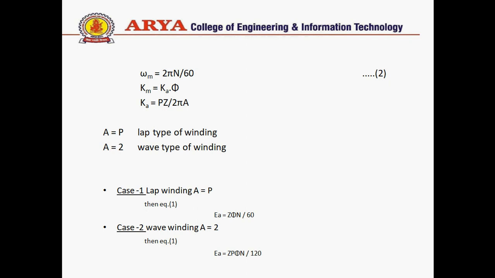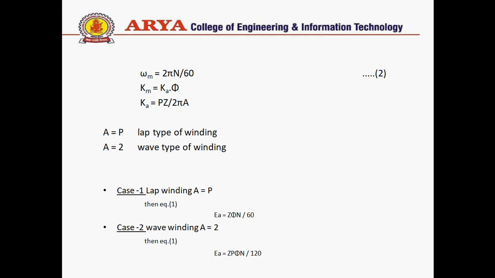The other one is the wave type of winding. In this winding, the end of one coil is connected to the starting of another coil of the same polarity as that of the first coil, and this type of winding is preferred for higher voltage and lower current. In this type of winding, the number of parallel paths in the armature is equal to 2.